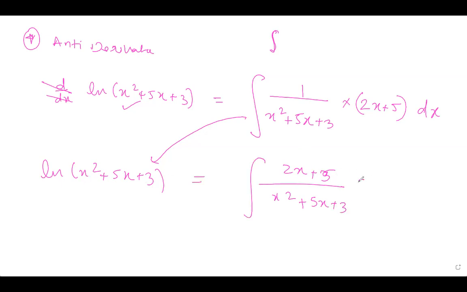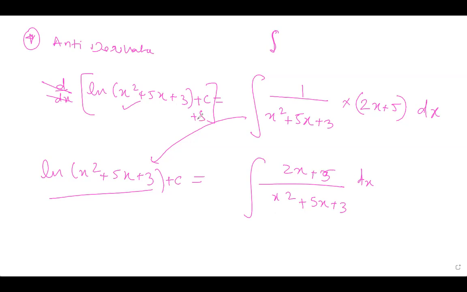So that's your answer. Now, another interesting thing is that if I had any constant here, the derivative of that would still be the same, because the derivative of a constant is 0. So you get ln(x squared plus 5x plus 3) as your answer, but you need to put a plus c as a constant, because your original function might have contained a constant, or it might not have.